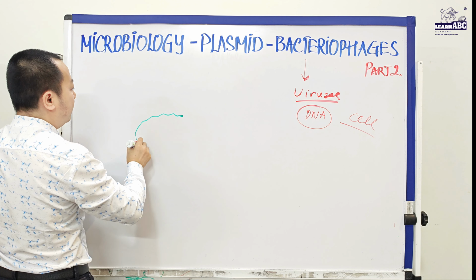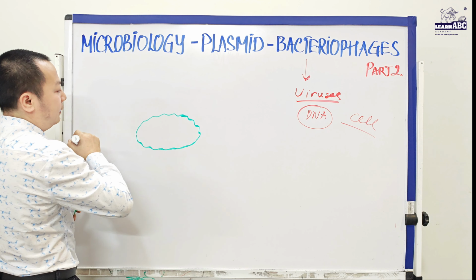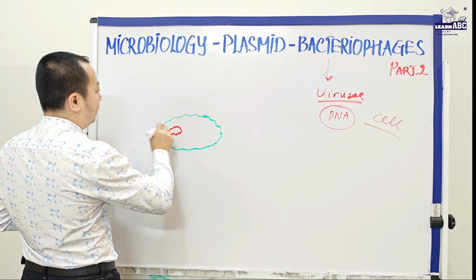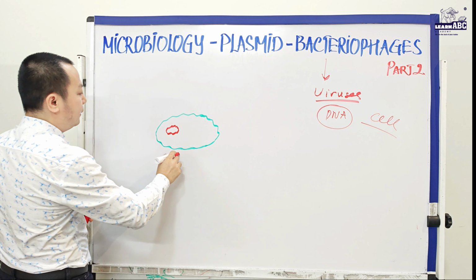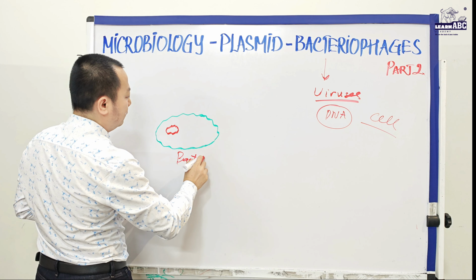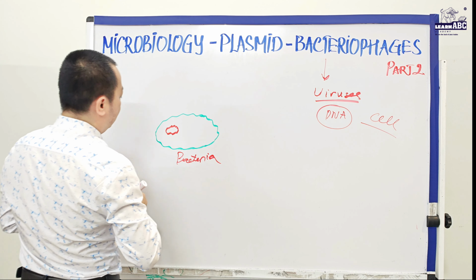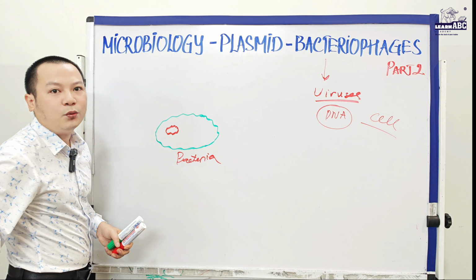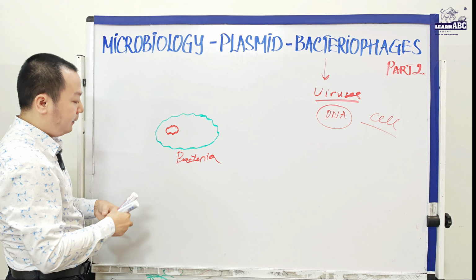Now I have this bacteria, and inside this bacteria we also have the DNA of the bacteria. This is the normal bacteria. It doesn't have the capacity to produce infectious disease.